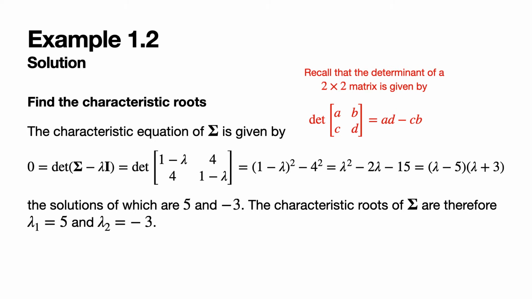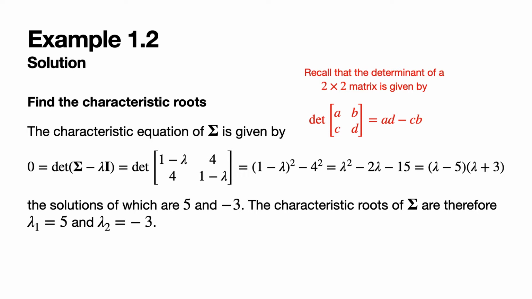When we expand that and simplify, we get lambda squared minus 2 times lambda minus 15. And then we can factor that into the product (lambda minus 5) times (lambda plus 3). And so the characteristic equation of cap sigma is obtained by setting that characteristic polynomial equal to 0.